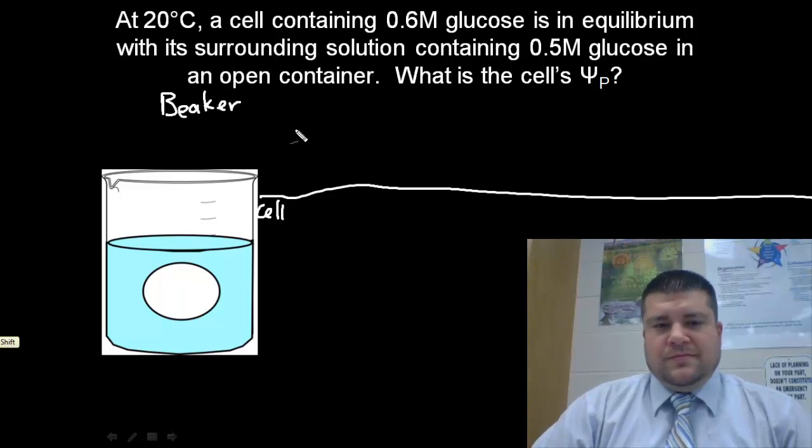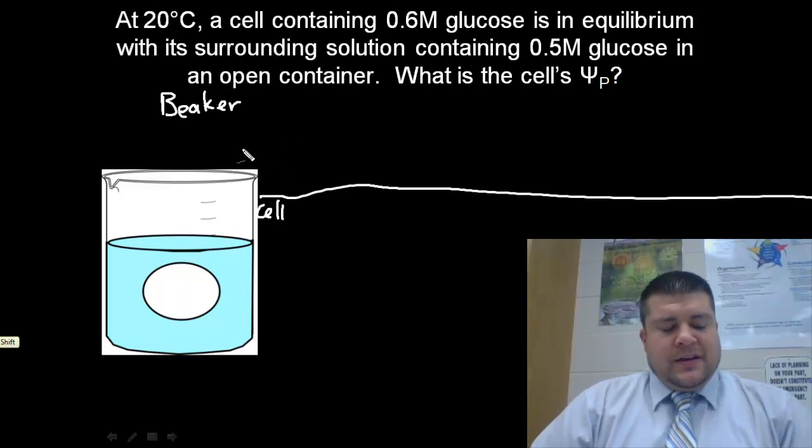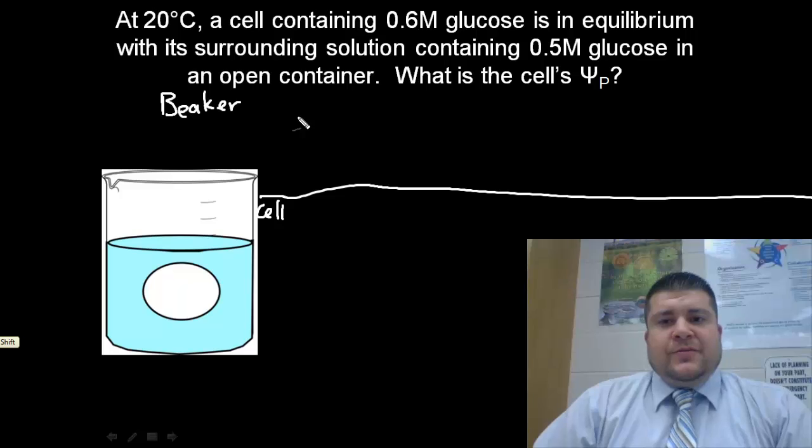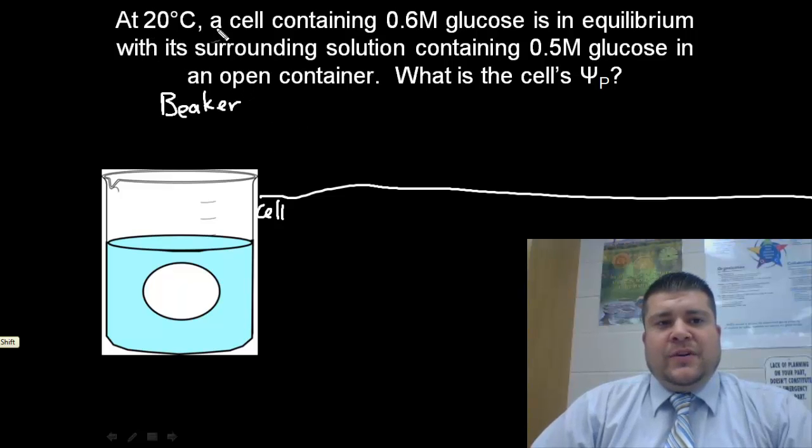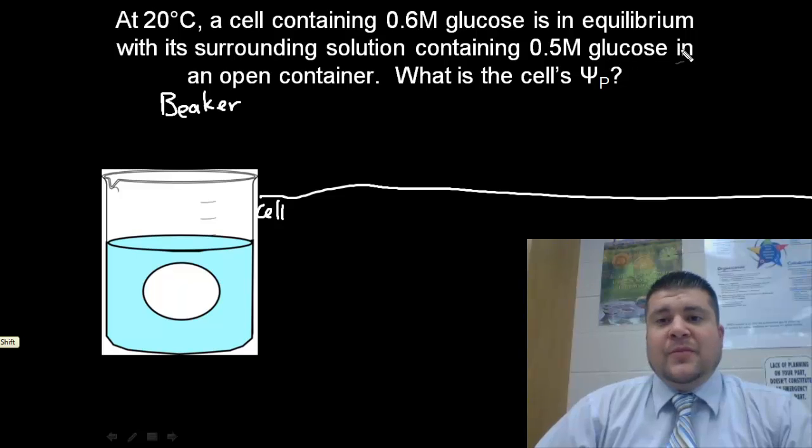What we're going to do is we're going to have, at 20 degrees Celsius, a cell containing 0.6 glucose in equilibrium with its surrounding solution containing 5.5 molar glucose in an open container. What is the psi p of the cell?